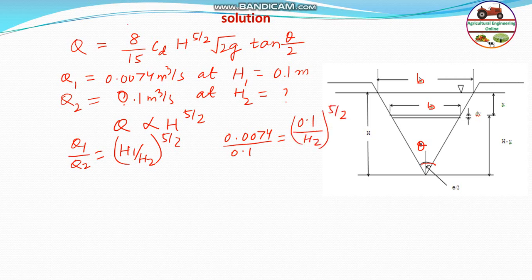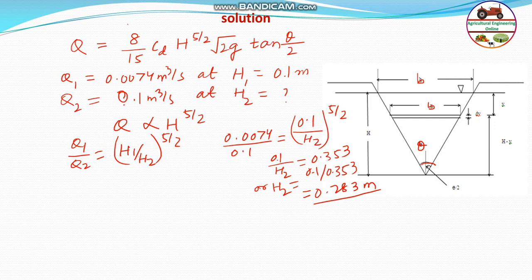By solving, taking the root of this side, you get 0.1 by h2 will be equal to 0.353, or h2 will be equal to 0.1 divided by 0.353, that will be equal to 0.283 meter. So this is the first question, number 54. The option is C.